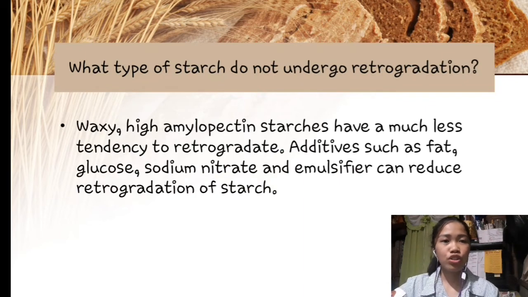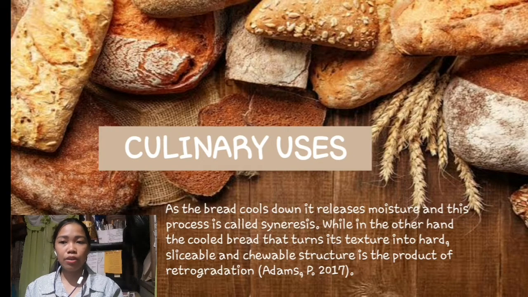What types of starch do not undergo retrogradation? Waxy, high-amylopectin starches have much less tendency to retrograde. Additives such as fat, glucose, sodium nitrate, and emulsifier can reduce retrogradation of starch.